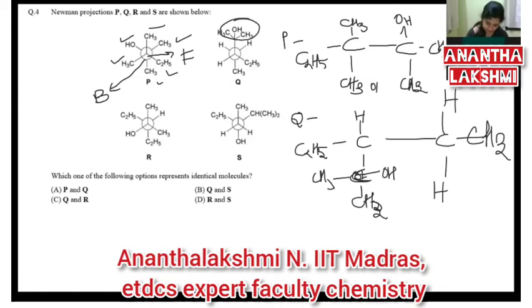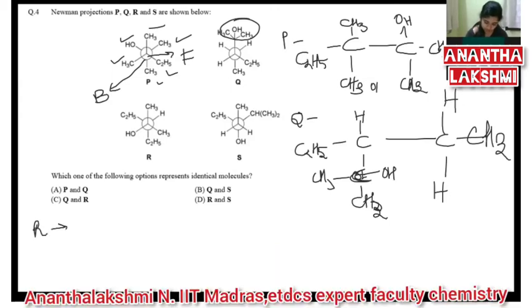Now coming to R. We'll again write 2 carbons, C and C. I hope the methodology is familiar to you. We have to first list out the front carbon and back carbon, and accordingly write the attached substituents. I'll write fast.